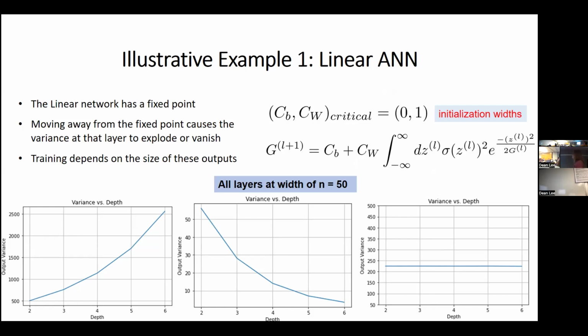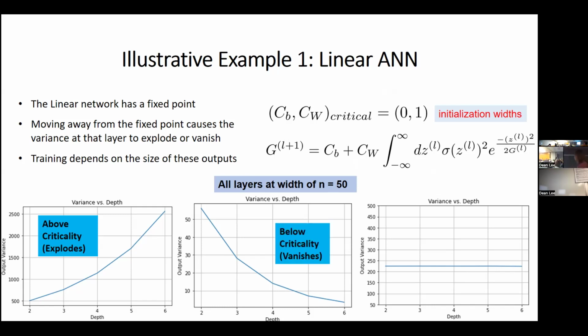What ends up happening is that this linear network has a fixed point for its 2-point coupling. If you set the variances for the distributions for initializing weights and biases to these values, you will get a stable output. If you set it above, with every increasing layer, the output variance, aka the 2-point coupling, is going to get bigger. If it's below, it's going to get smaller. And if it's at criticality, it's going to be stable.